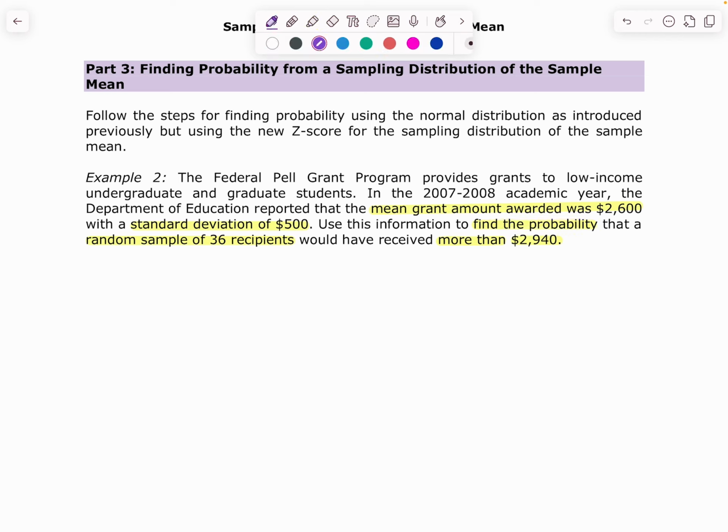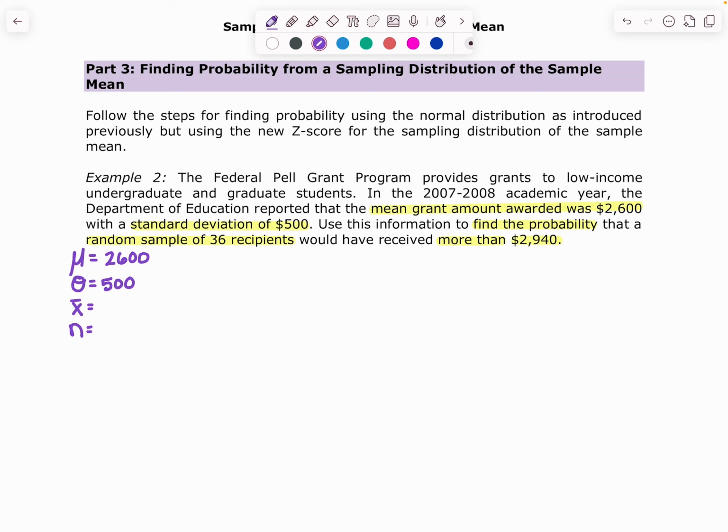So I'm going to start this problem by coming off to the side and writing down mu, sigma, x bar, and n. So the mu is the mean amount awarded, 2,600. Sigma is the 500 for the standard deviation.